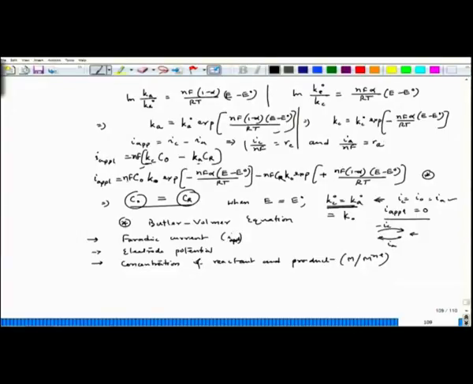So, the only small change is that there should be an Nf term added to this, and that becomes my Butler-Volmer equation. Thank you.